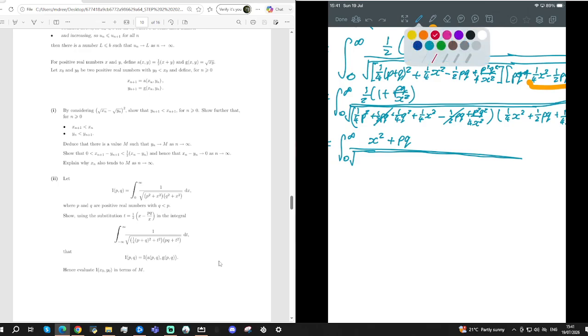Let's try and be really clear with what I'm doing. So I'm multiplying the numerator by 2x squared. So I'm going to times this bracket, which means I need to times the whole denominator by 4x to the 4 when it goes under the square root. So I want to times this bit by 4x squared, and I want to times this bit by 4x squared.